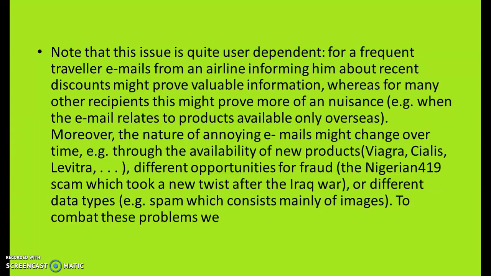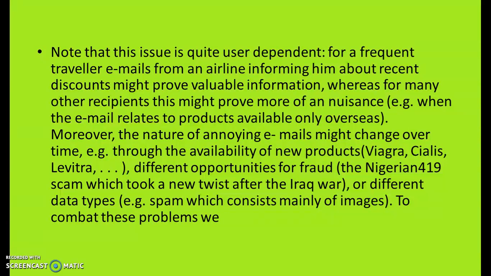Okay, so we are considering another scenario wherein we have an issue which we are quite aware of. We can relate it to this scenario: for a frequent traveler, emails from an airline informing him about recent discounts might prove very valuable information, whereas for many other recipients this might prove more of a nuisance because they're not interested in traveling as of now.